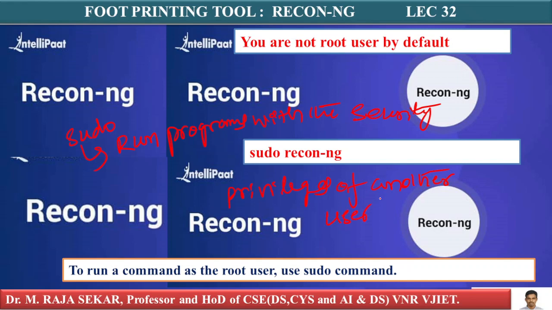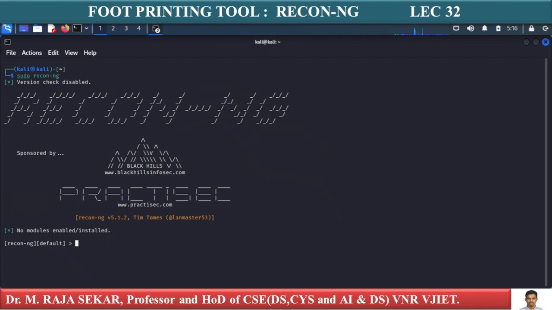Another user means, by default, super user. Therefore, to run a command as the root user, use the sudo command.